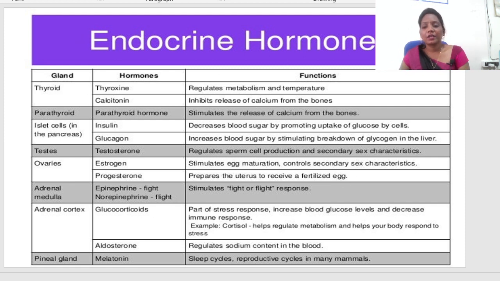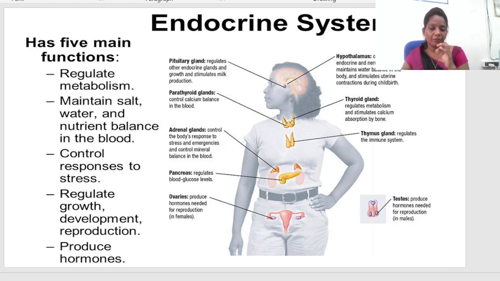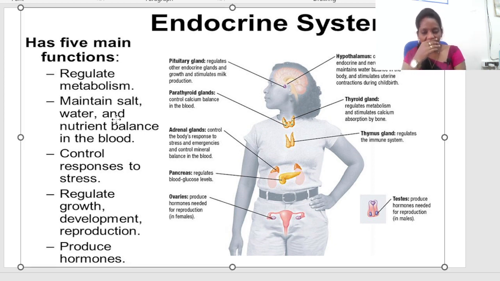Coming to the conclusion, there are five main functions. Overall, hormones help in regulating the metabolism. The first important function is BMR and metabolism. The thyroid gland is the first important gland; it maintains the metabolism. Glucocorticoids and mineralocorticoids help maintain salt, water and nutrient balance in the blood.